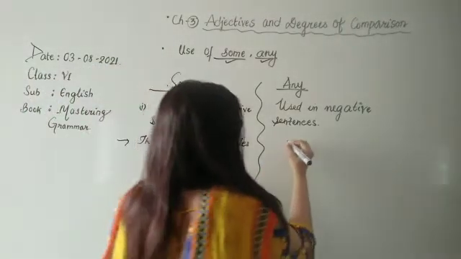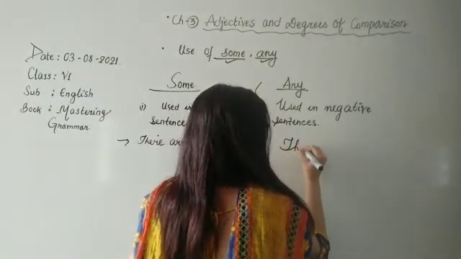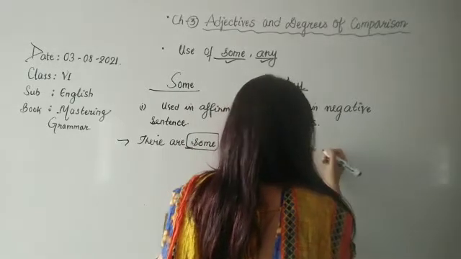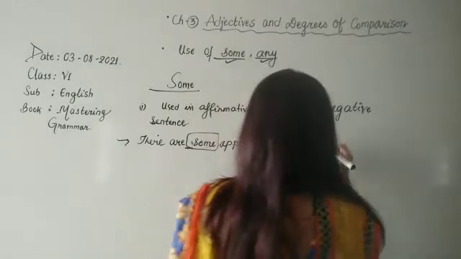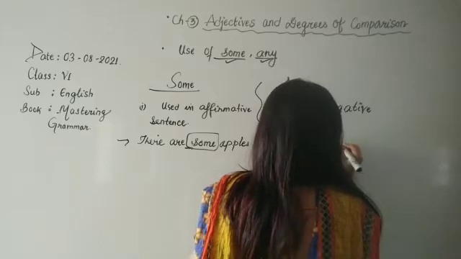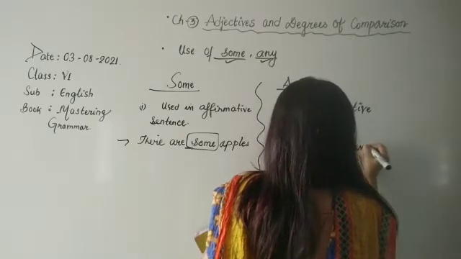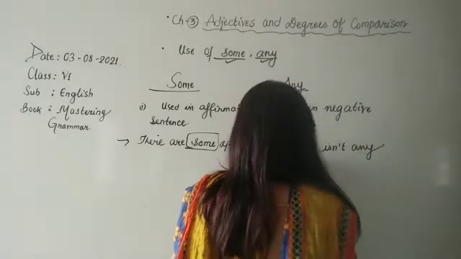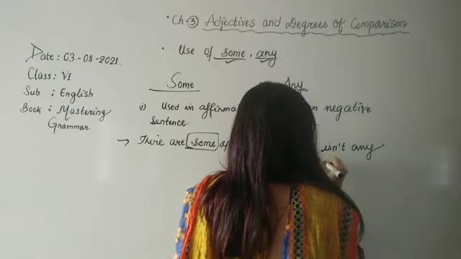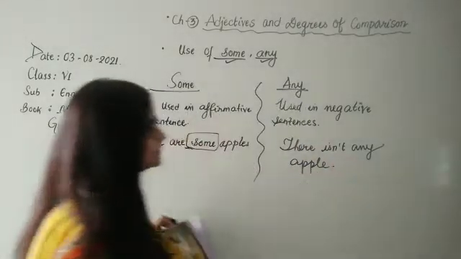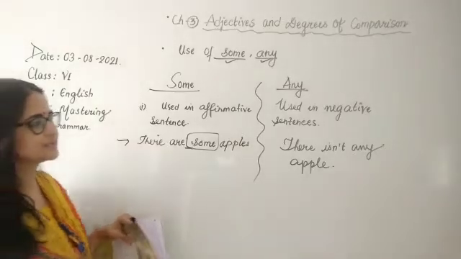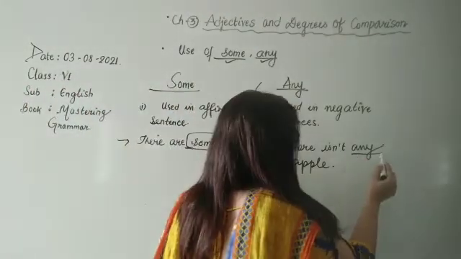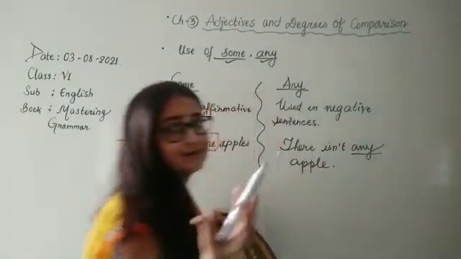But if we write there isn't any apple, right? So there is not any apple, so there isn't any apple. So you can see we have used the word any here, which means there are none.